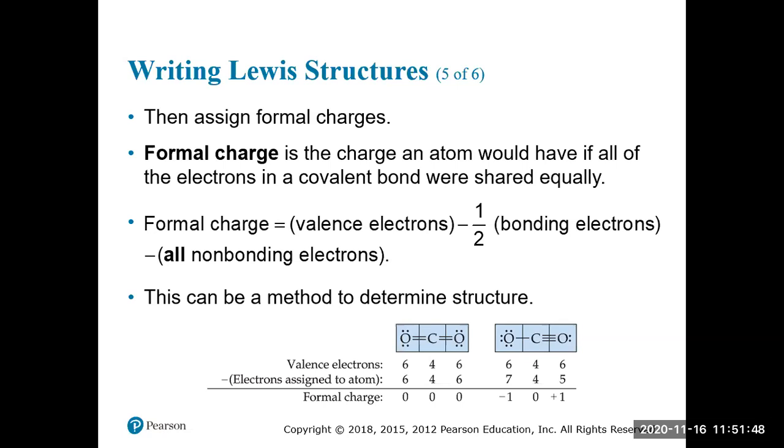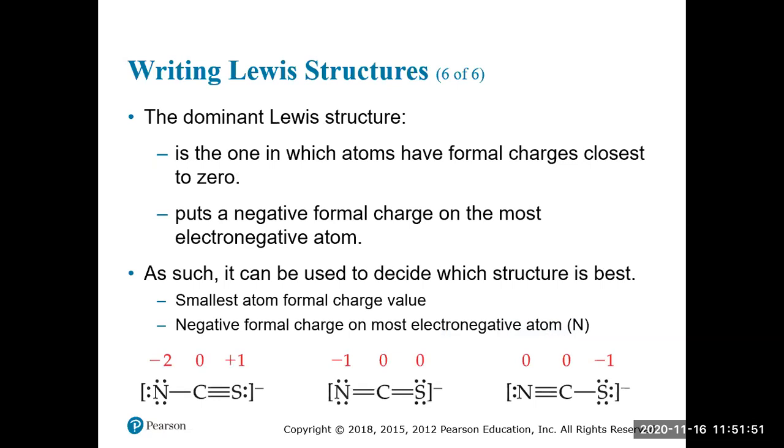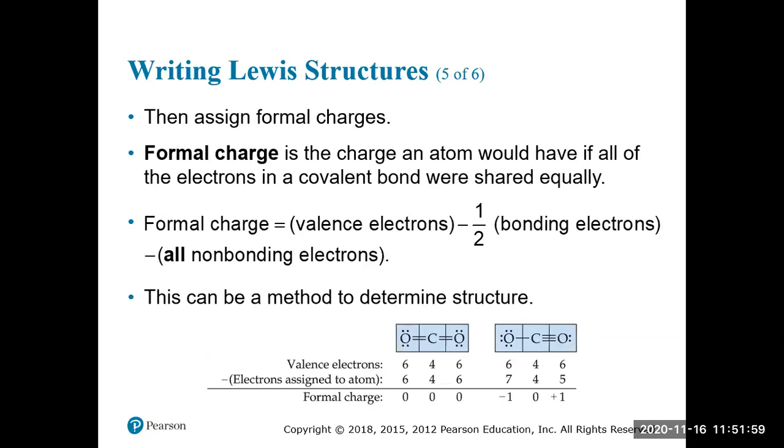Well, one of the rules is that the dominant Lewis structure is the one in which the atoms have formal charges closest to 0. So we go back here and look at this, and we see we have one option where the formal charges are 0, 0, 0, versus an option where the formal charges are -1, 0, and +1.